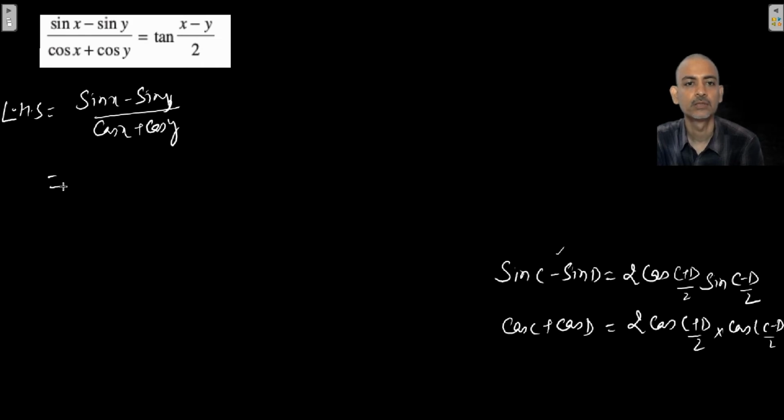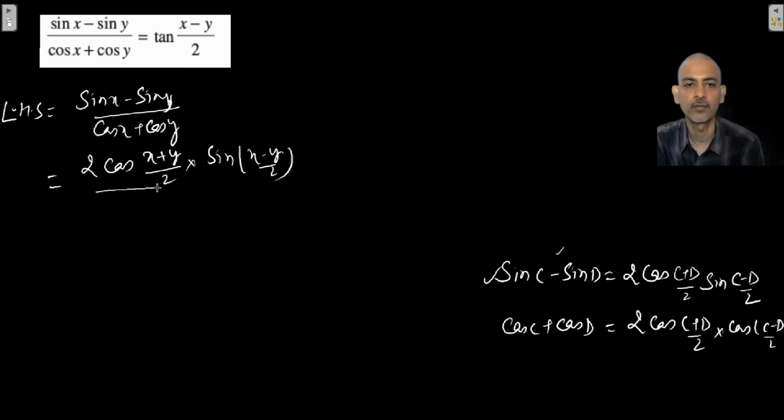Now sin x minus sin y is 2 of cos of x plus y by 2 into sin of x minus y by 2. This is what we have done over here, sin c minus sin d. This is the formula. And now the denominator is 2 of cos of x plus y by 2 into cos of x minus y by 2.